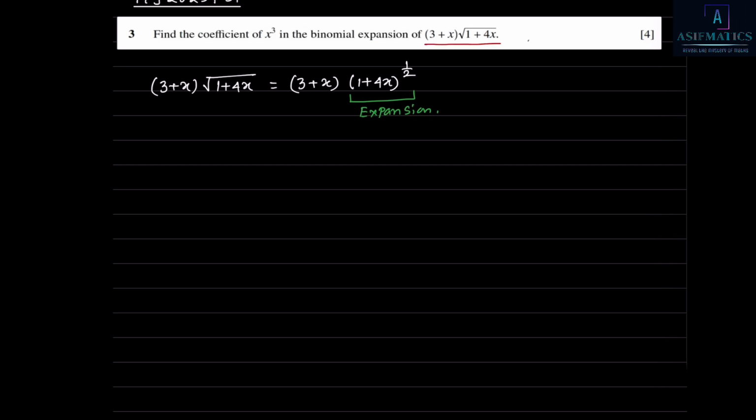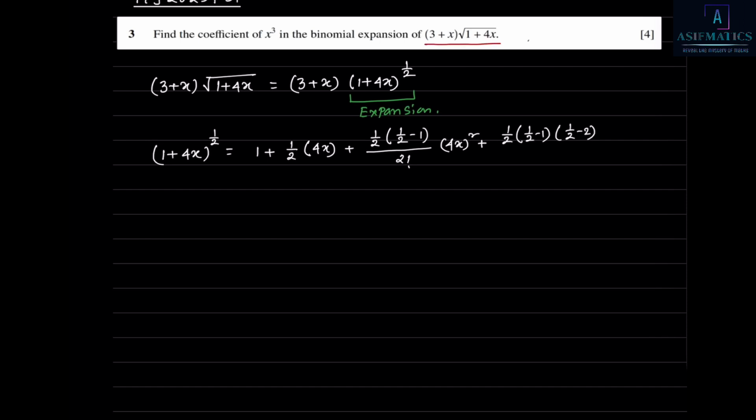So we can write 1 plus 4x to the power 1 by 2 equals 1 plus nx, that is half into 4x, plus n into n minus 1, that is half minus 1, divided by factorial 2 into 4x square, plus n into n minus 1 into n minus 2 divided by factorial 3 into 4x cube.